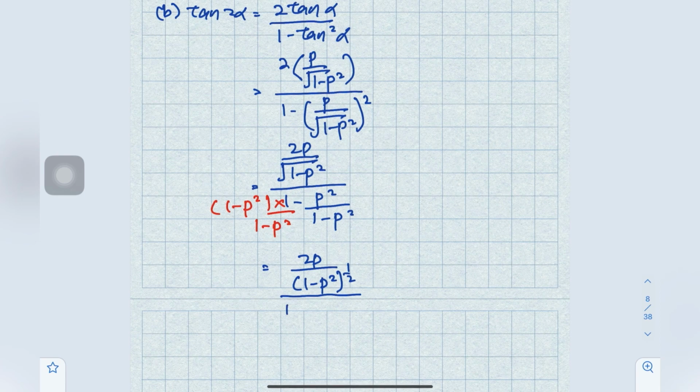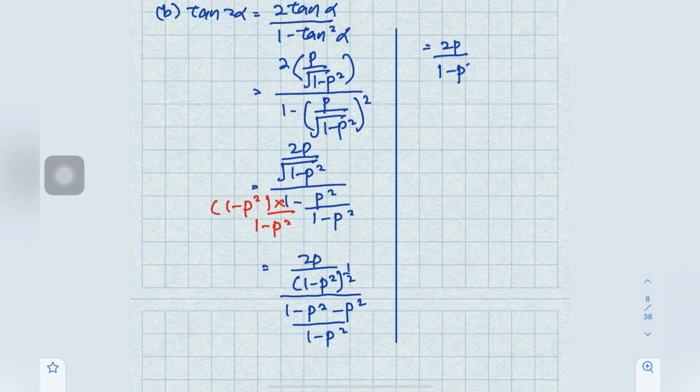Okay, this one we get 1 minus P squared minus P squared over 1 minus P squared. Okay, the denominators are the same now. So we bring it up. So this one equals 2P over 1 minus P squared to the power of 1 over 2, multiplied by 1 minus P squared over 1 minus 2P squared.